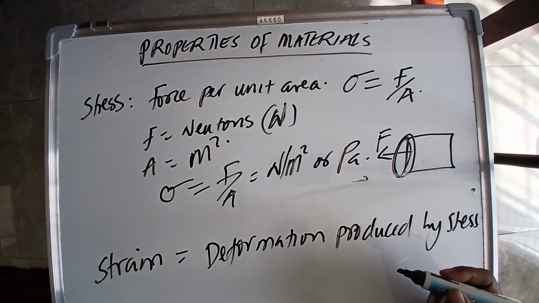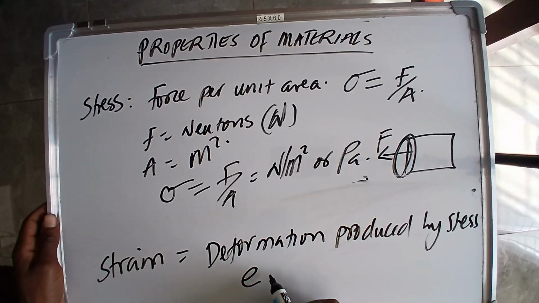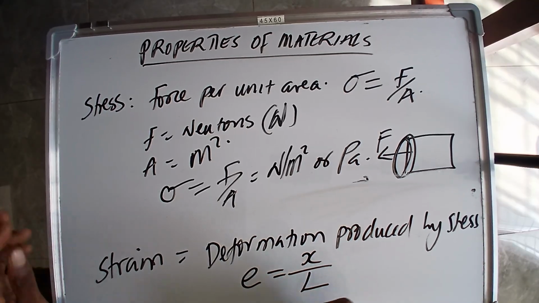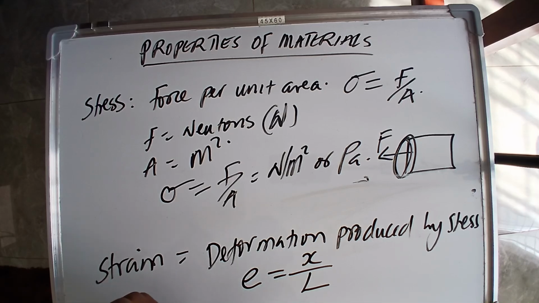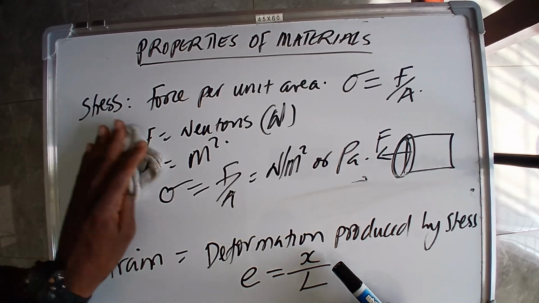So there is a close relationship between stress and strain. And the strain, e, is equal to x over L. That is the formula, and it has no units because this is distance and this is distance.